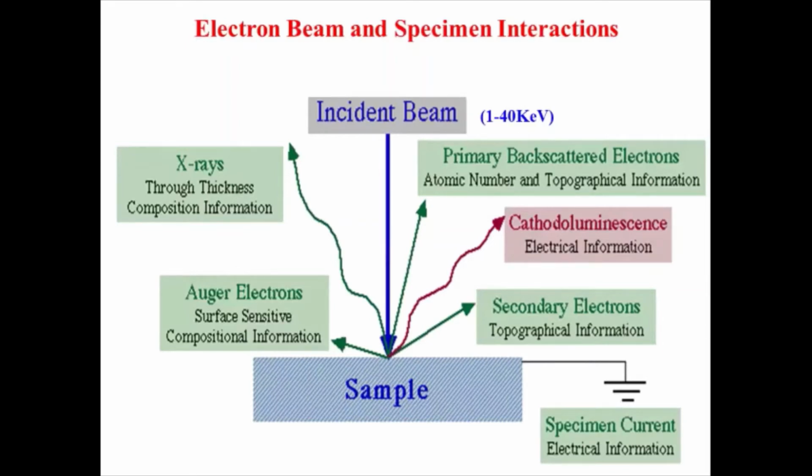So these backscattered electrons are called primary backscattered electrons. Another most probable interaction is that some of the valence electrons of the atoms will take the energy from the striking electron and will come out. So the incident electron is termed primary, whereas the ejected electron emerging from the sample is called secondary. So there is a secondary emission.